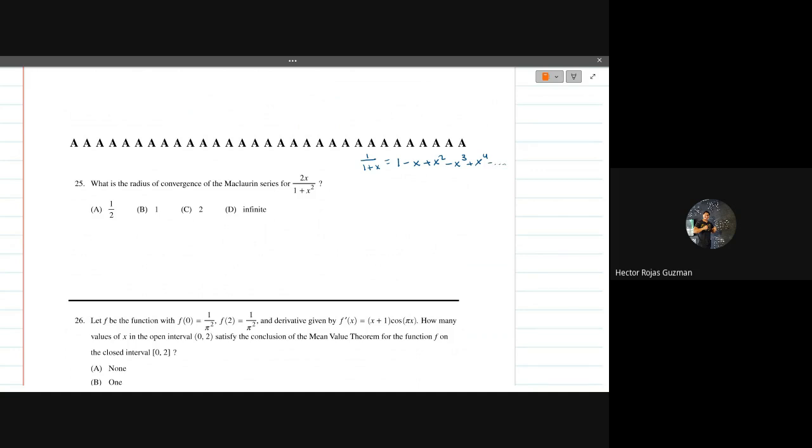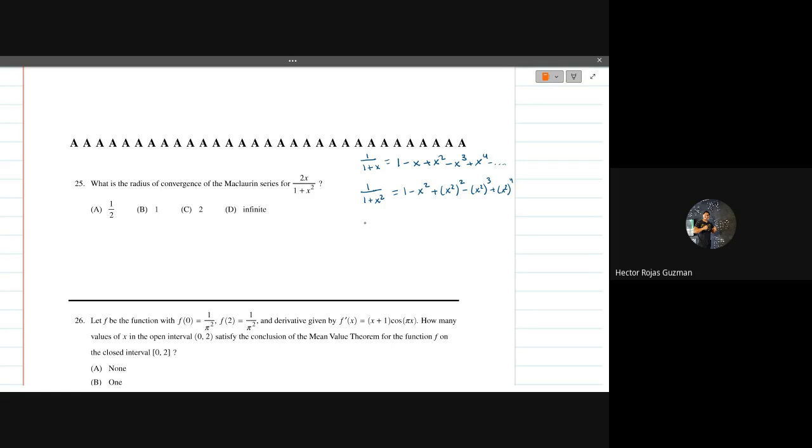But my job is to recreate this function. So first, I'm going to plug in an x squared everywhere I see an x. So that's 1 minus x squared plus x squared squared minus x squared cubed, and so on.